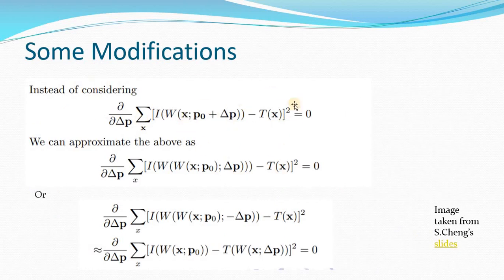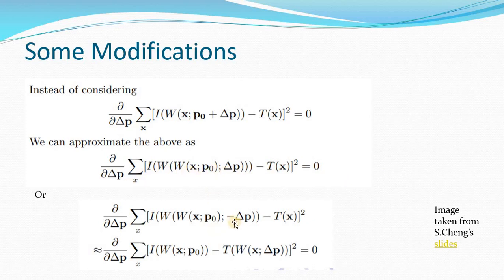This was our cost function as we have seen in the previous video. Now we can approximate this particular thing like this. Since this is a translational warping, I am doing this twice. So this plus del p can also be written like this. It is just like I'm warping the I twice. I guess that is understood now.